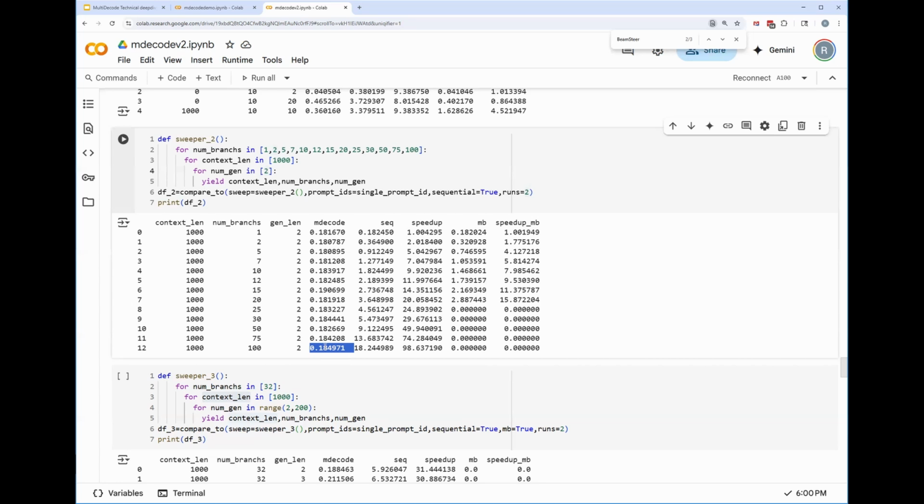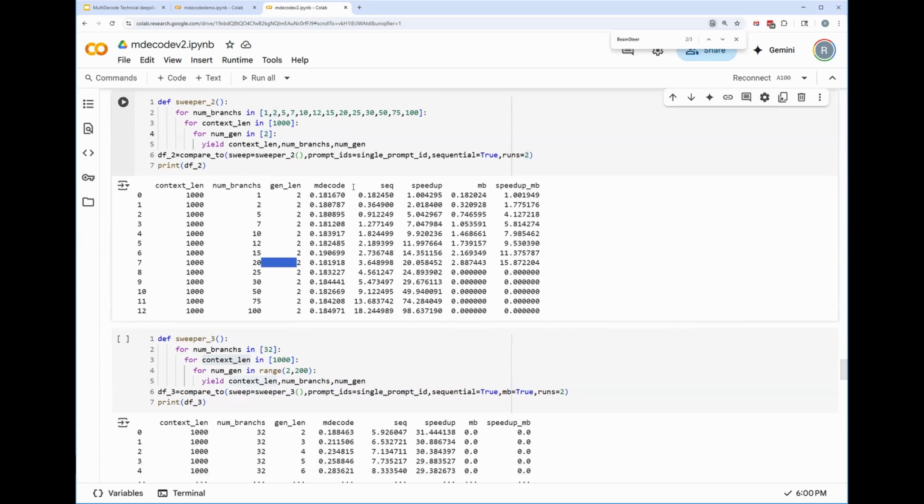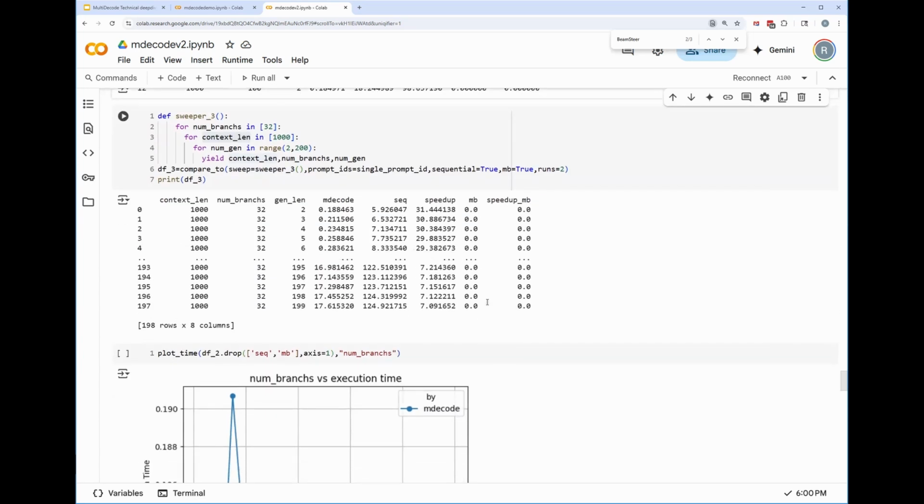It changes very little from one branch to 100 branches. That contrasts very differently with sequential, which increases by a factor of 100, or we don't get up to 100, but even up to 20, you went up by a factor of 10 in the mini batch expansion. So that tells you a lot about how it's working here.